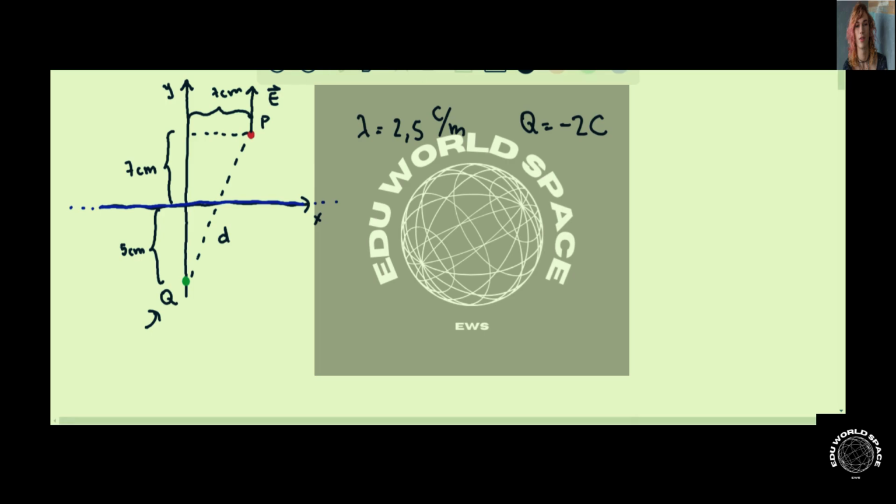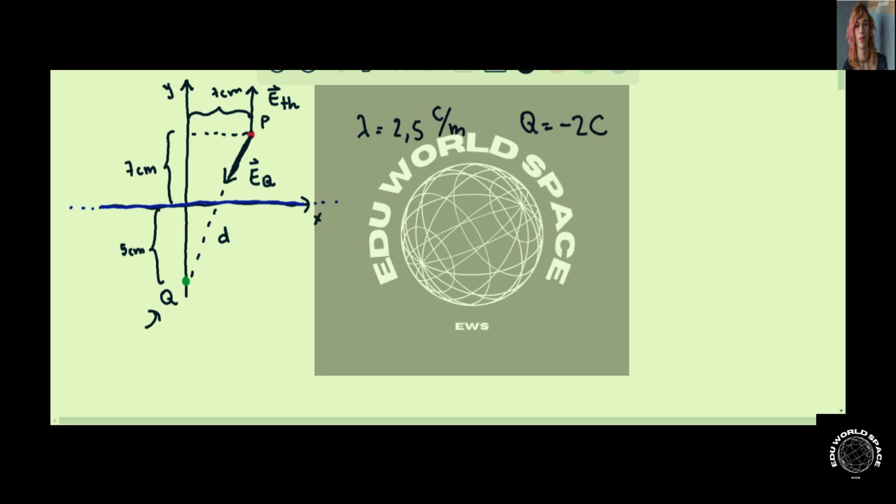This is the electric field caused by the thread. The electric field because of the charge Q will be attractive, along the line that connects the charge and the point P. This is the electric field produced by the charge Q.